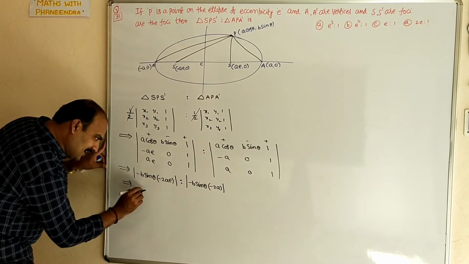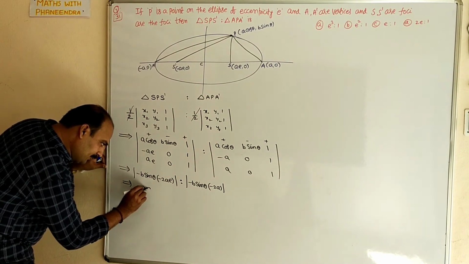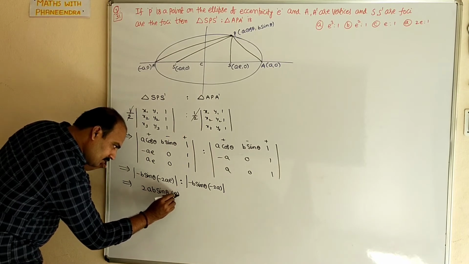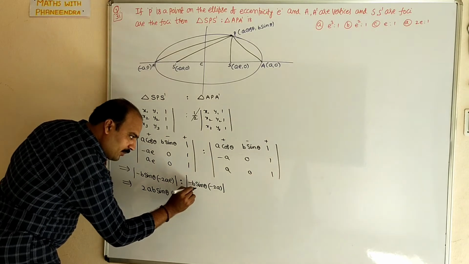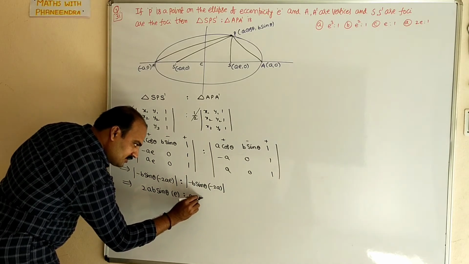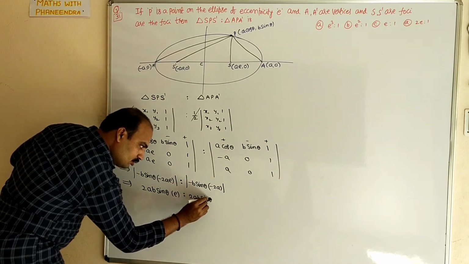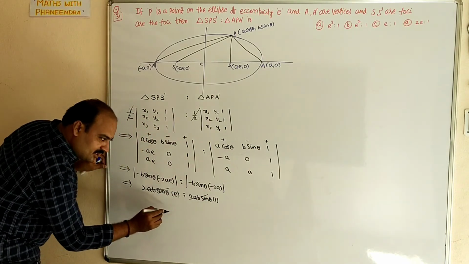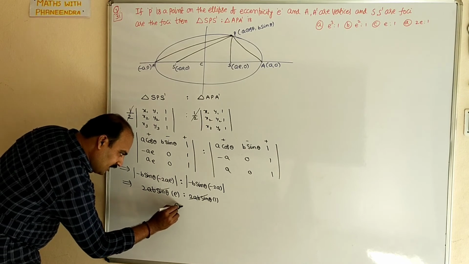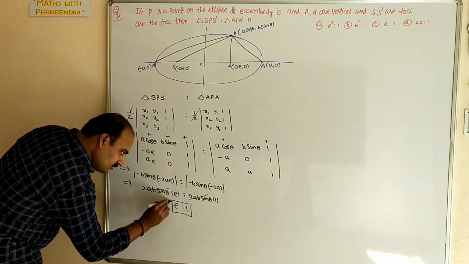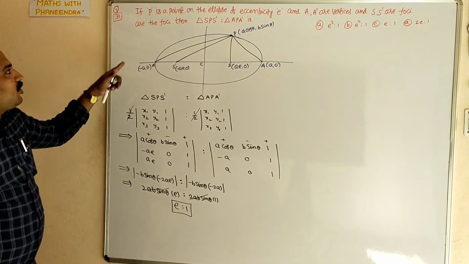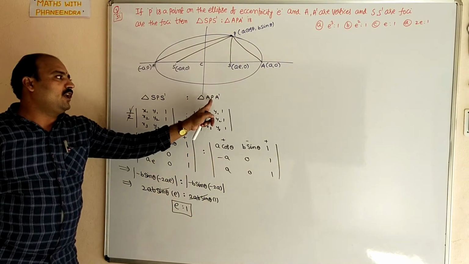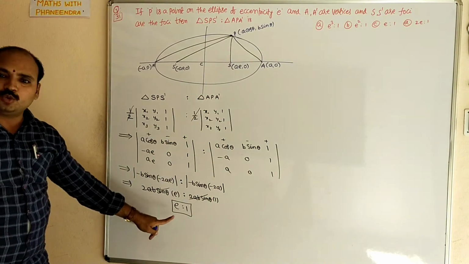Within the modulus it will be plus 2ab sin theta into e is to 2ab sin theta into 1. So 2ab sin theta, 2ab sin theta cancel. We will get e is to 1. Therefore, the required ratio of the area of triangle SPS dash and delta APA dash is equal to e is to 1.